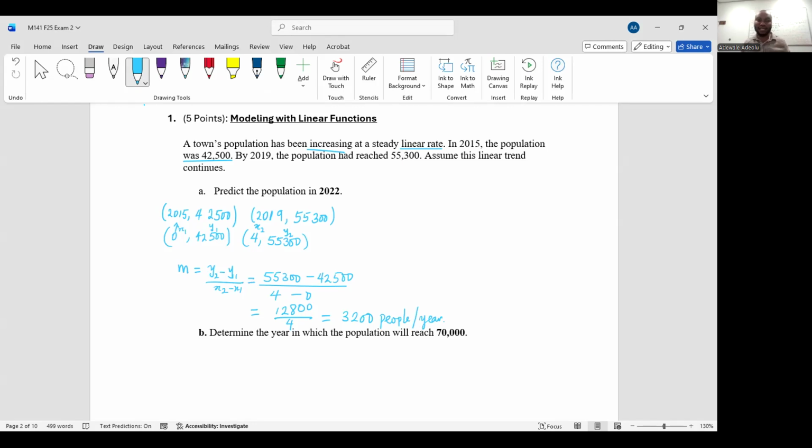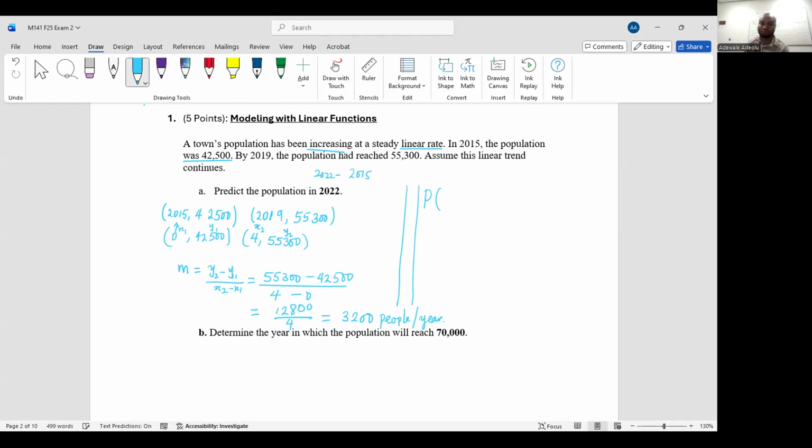So by 2022, what is the population? Every year we are having a 3,200 increase. There are several ways you can do this. One way, in 2022, you are saying from 2015 to 2022.